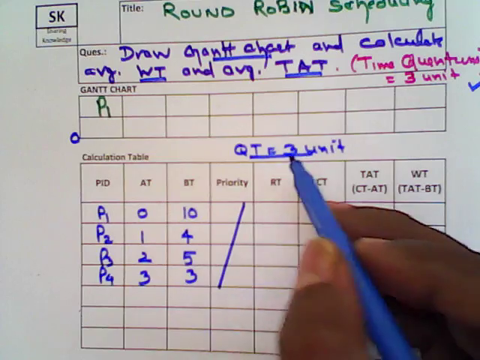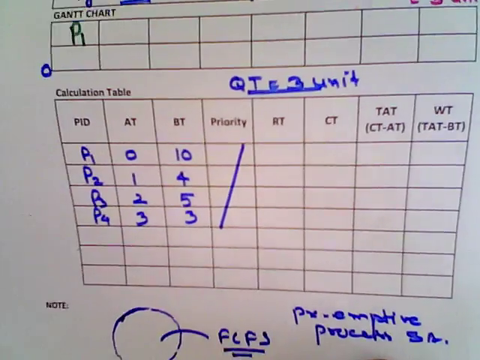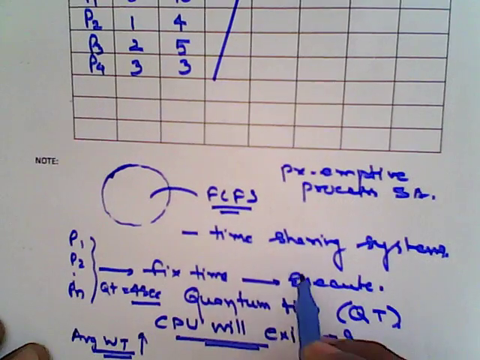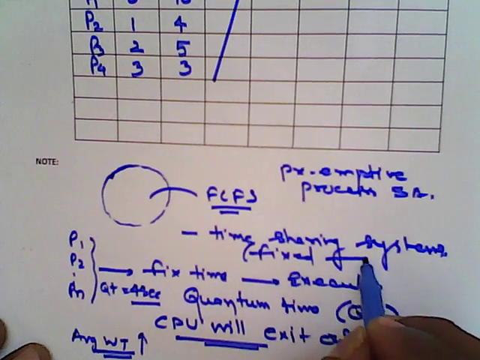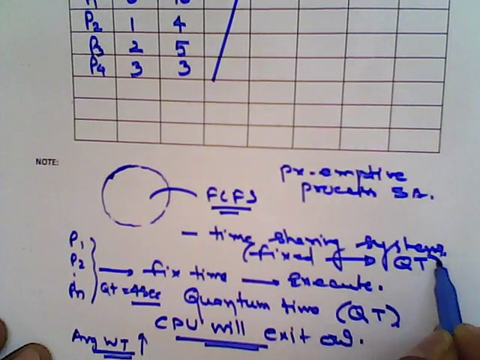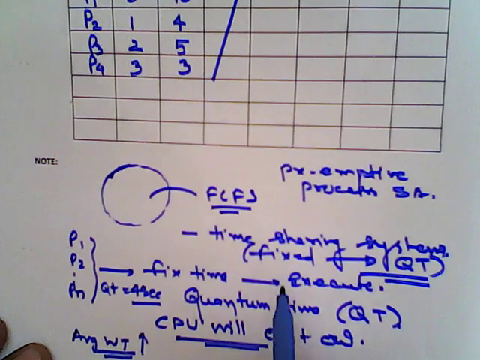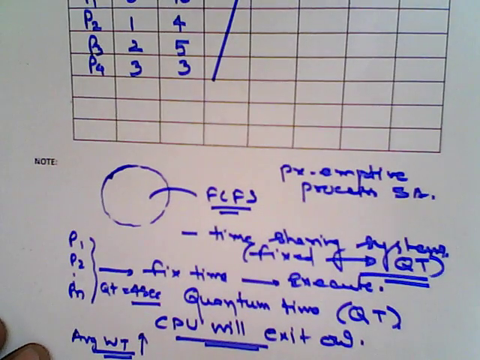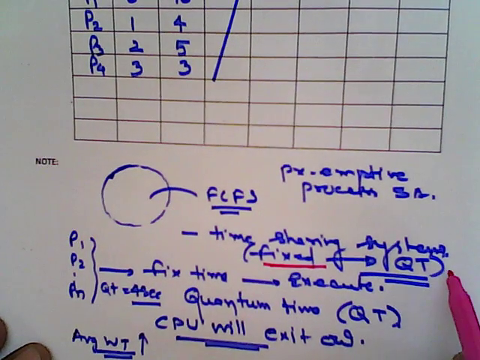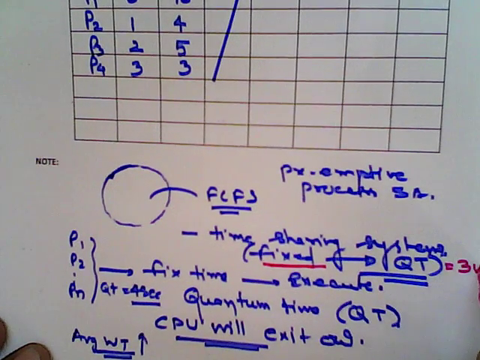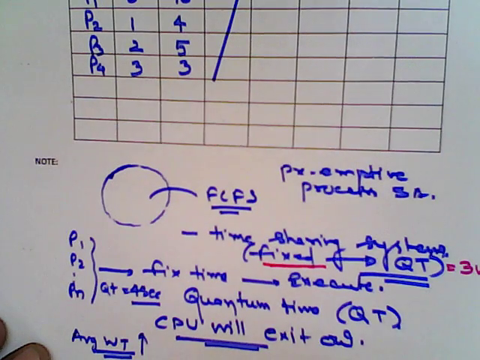You have to remember that a time sharing system is based on a fixed QT. This is very important to understand. This is fixed, so you cannot take 1 or 2. You have to keep the fixed QT, which is equal to 3 units.